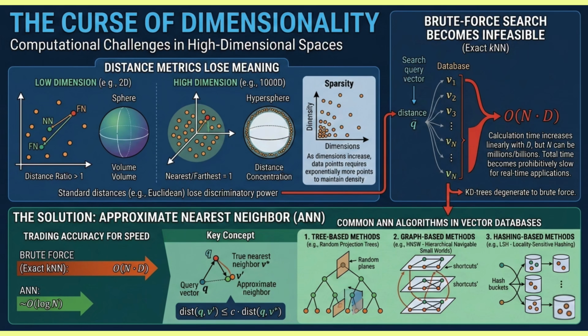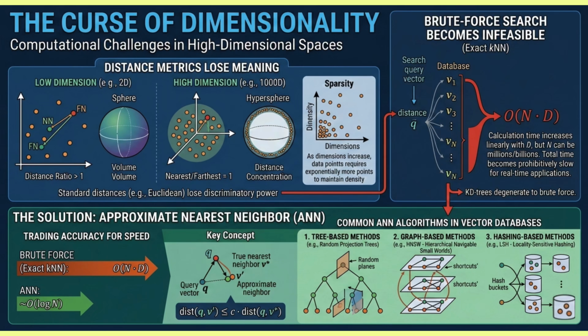In high dimensions, the volume of a hypersphere concentrates almost entirely in a thin shell near its surface, leaving the center mostly empty. This means most points are far out in the space, and the concept of nearness becomes ambiguous and less discriminatory.